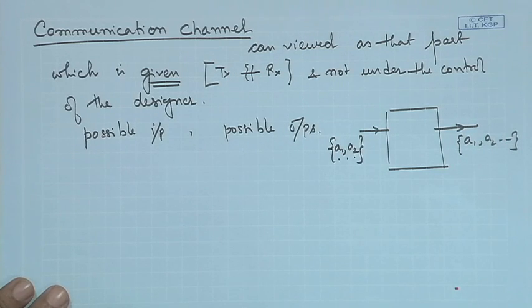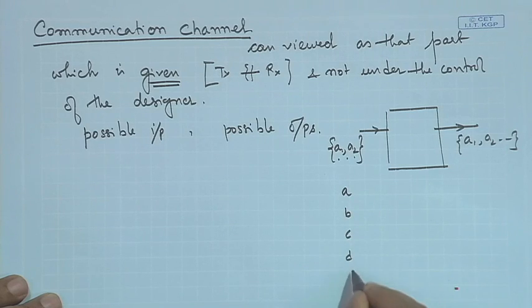What can happen is that a symbol A can go into the channel and come out as A. What could also happen is A can go in and come out as B. So, there is a set of possible inputs and a set of possible outputs. This set of possible outputs could be the same as the set of possible inputs. So, I am talking about the same set, but given one particular input, how it affects the output is basically a property of the channel.